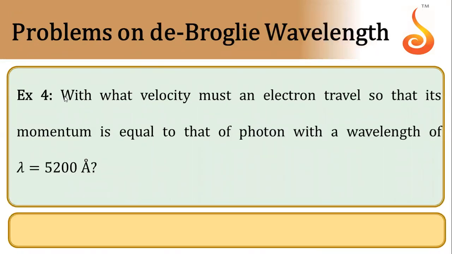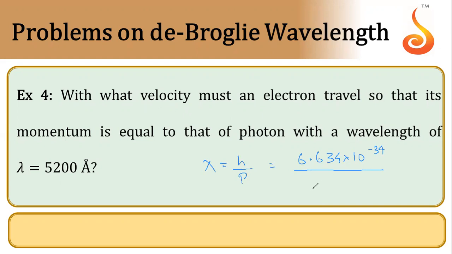With what velocity must an electron travel so that its momentum is equal to that of a photon with a wavelength of 5200 angstrom? So we can directly use this formula: wavelength is equal to h by momentum. So Planck's constant 6.634 into 10 raised to power minus 34 divided by the momentum.